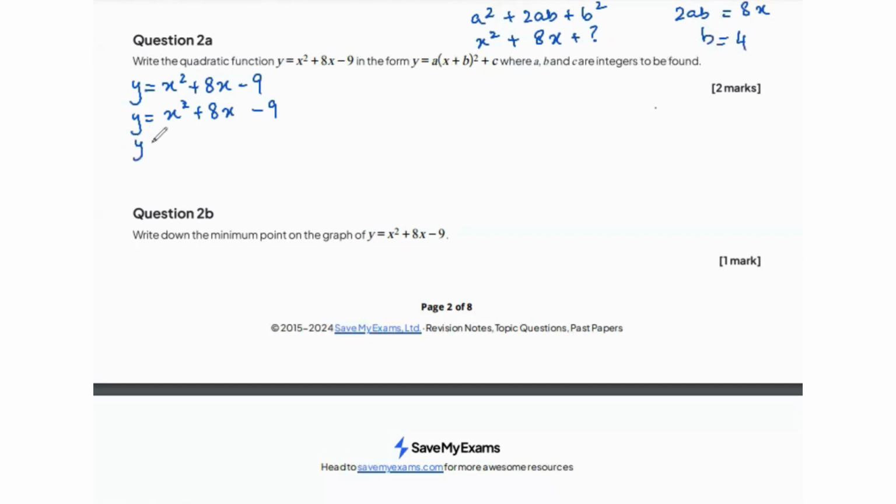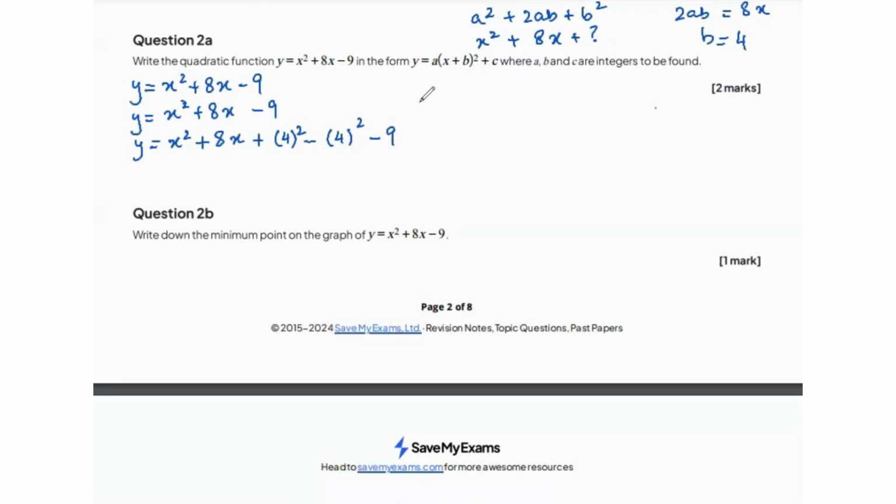So I'm going to write x squared plus 8x as it is and add plus 4 squared, which is our b squared value. And I will write minus 4 squared as well. The reason we're writing minus 4 squared is because plus 4 squared is a new term that we're introducing in this equation.